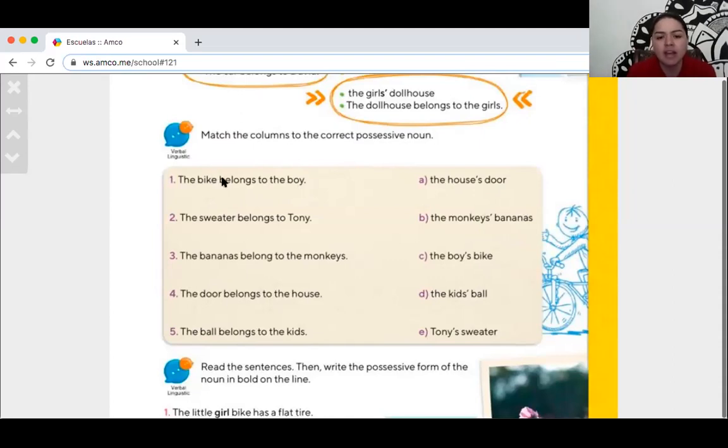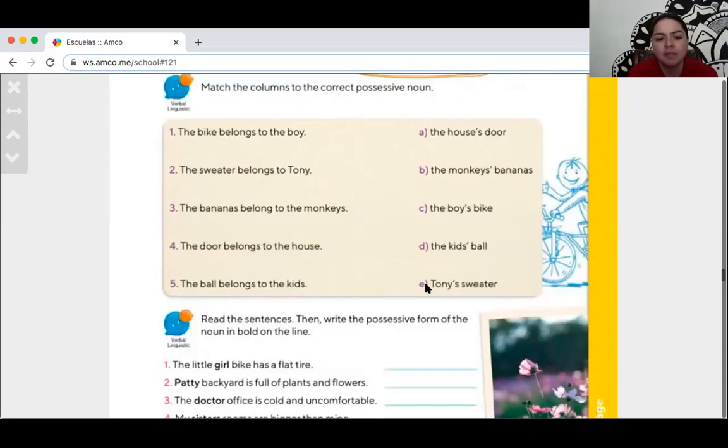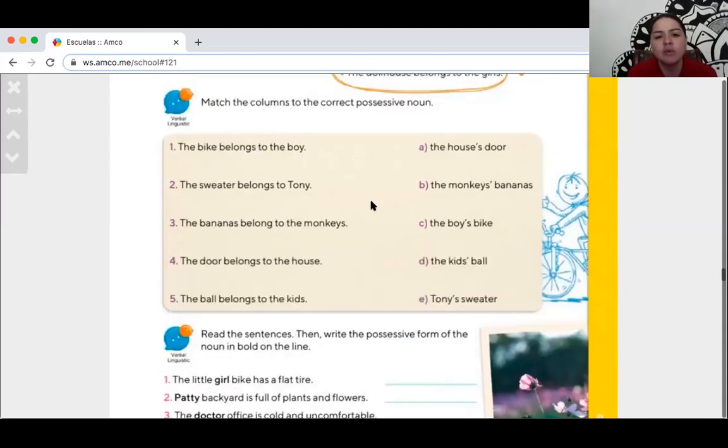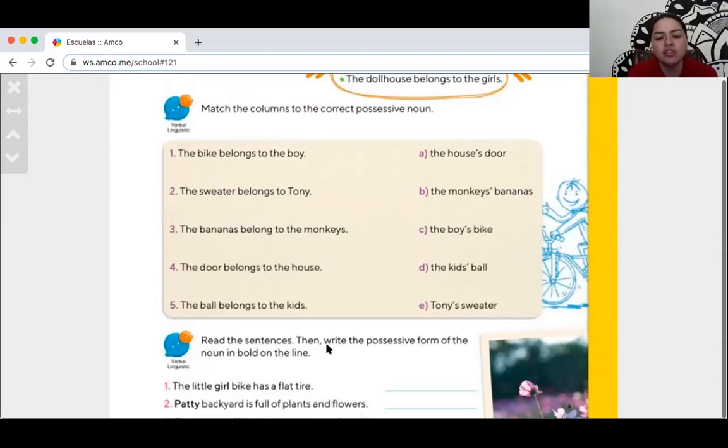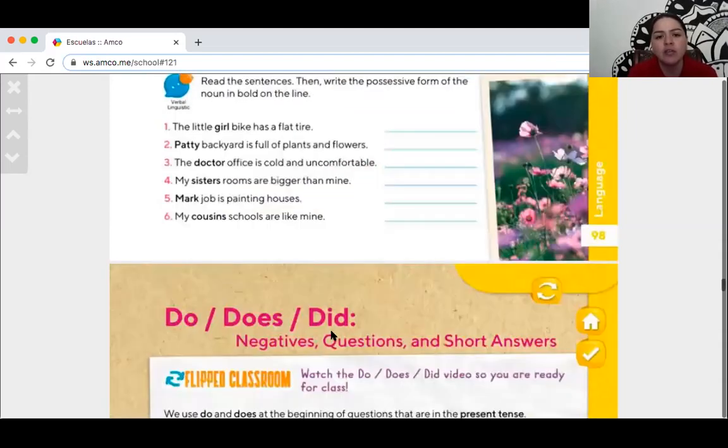Yes, of a bike. So I need to take my noun. What's my noun? Boy. And make it a possessive noun. So it is the boy's bike, okay? The boy's bike. Now, you must read the entire instructions to answer the activities correctly, okay?